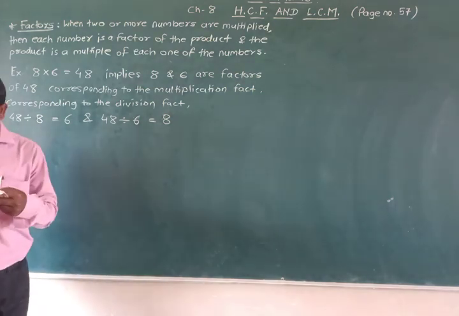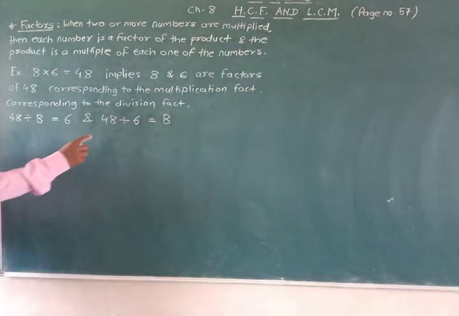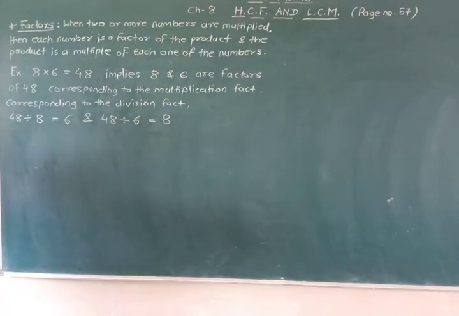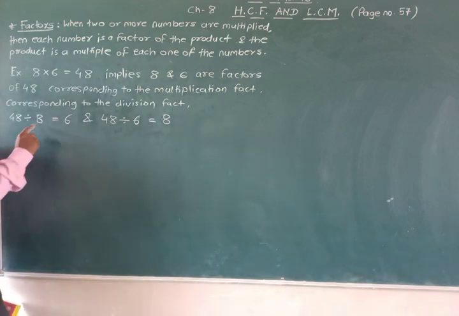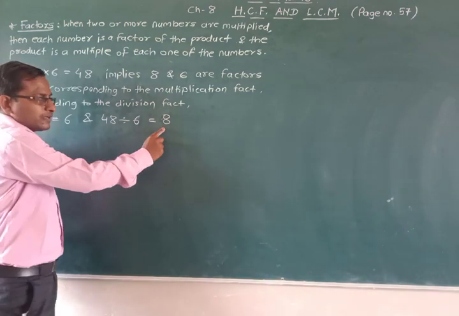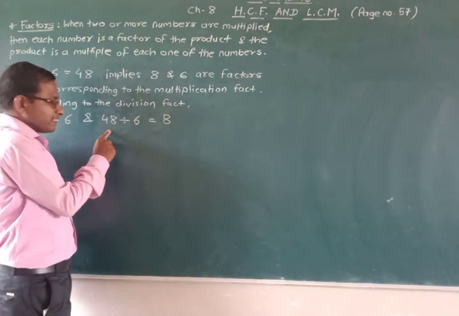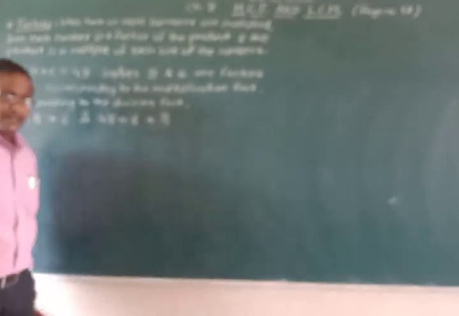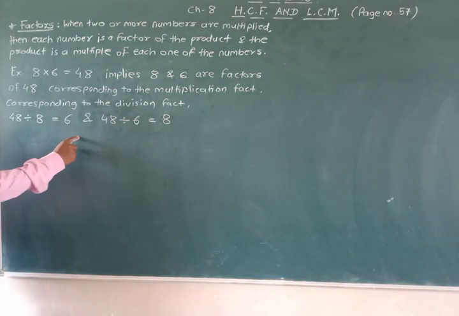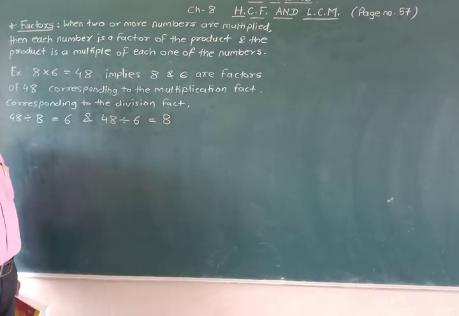Here 8 divides 48 exactly, and also 6 divides 48 exactly, with remainder 0. So 6 and 8 are factors of 48.